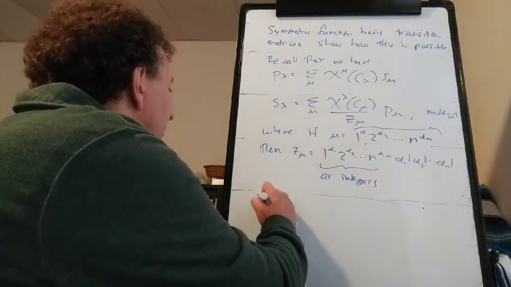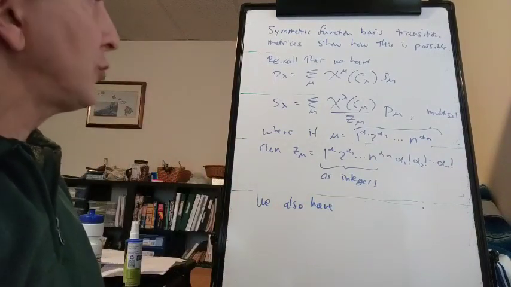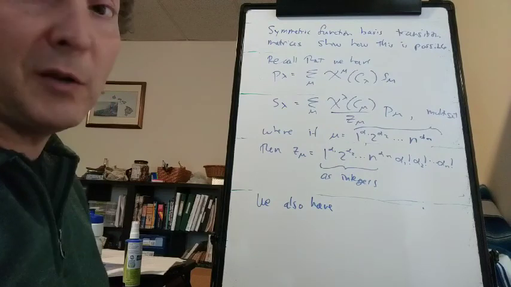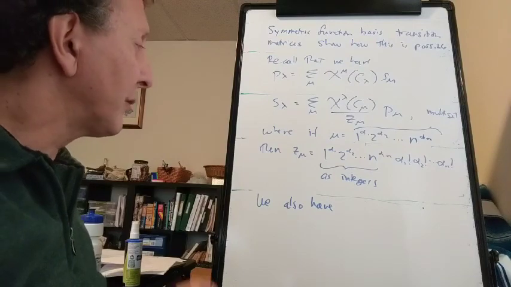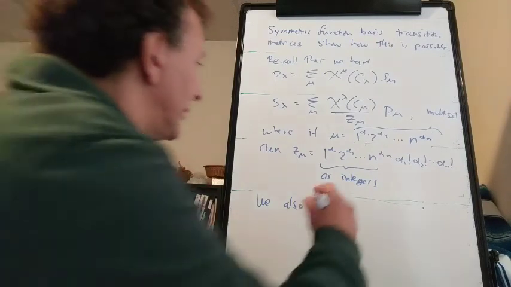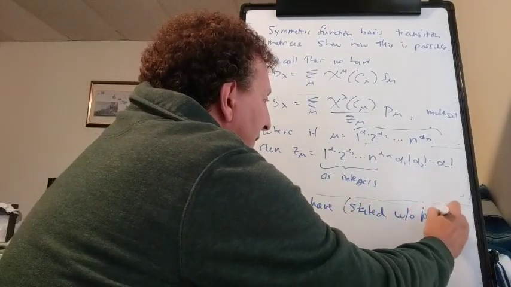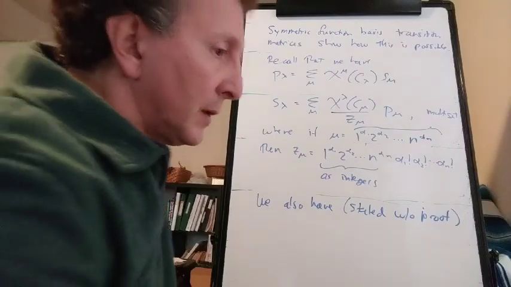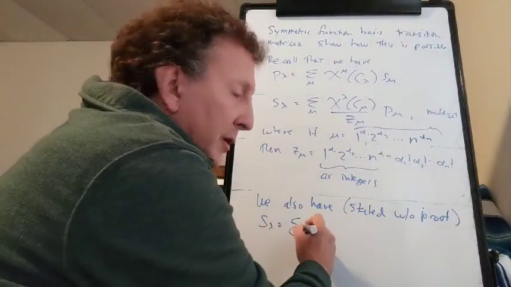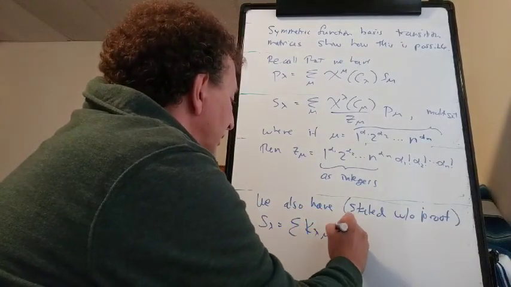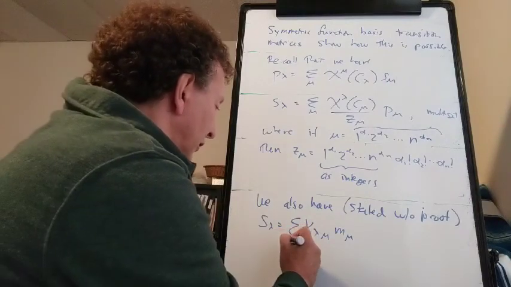We also have, now you could spend 2 weeks doing all the transition matrices between all the different bases of the symmetric functions, but I don't want to do all of them, so I'm just going to state without proof. s lambda equals, we know an interpretation for the coefficients of the monomial symmetric functions in the monomial expansion of the Schur functions.